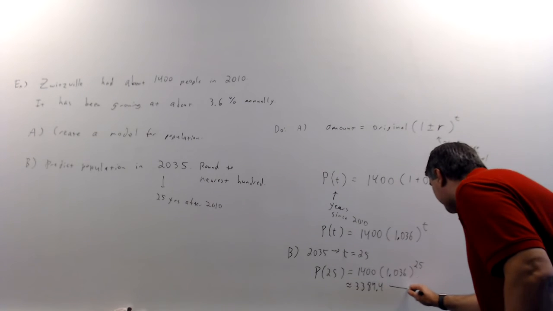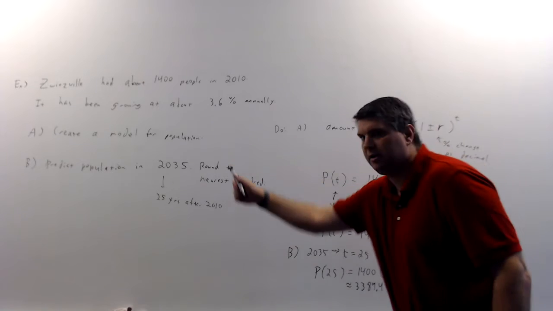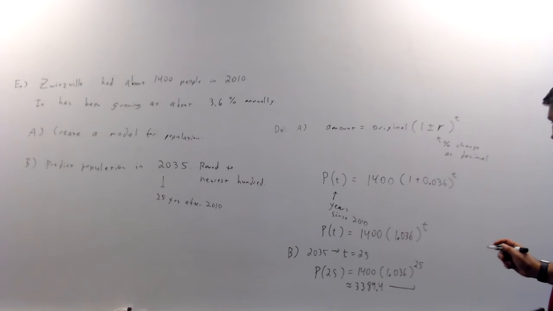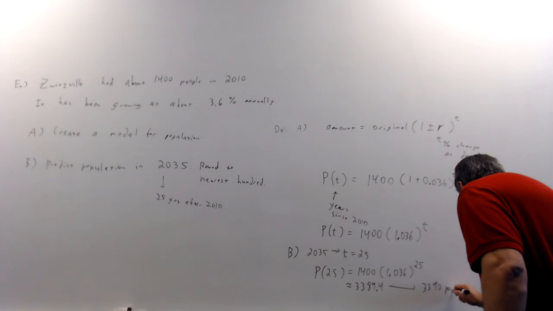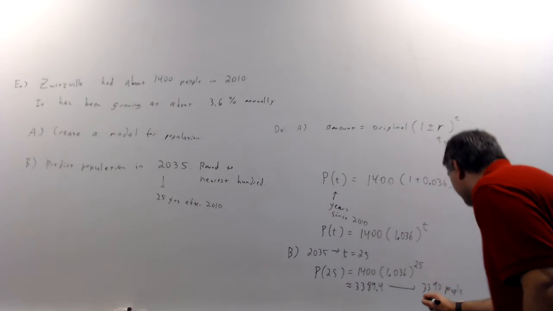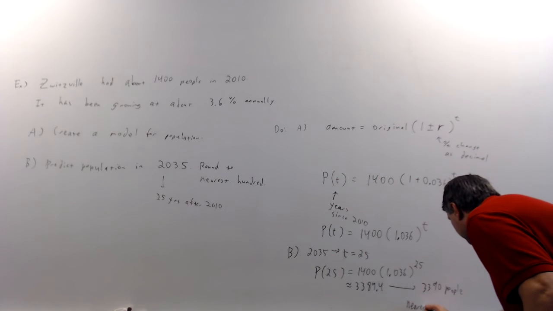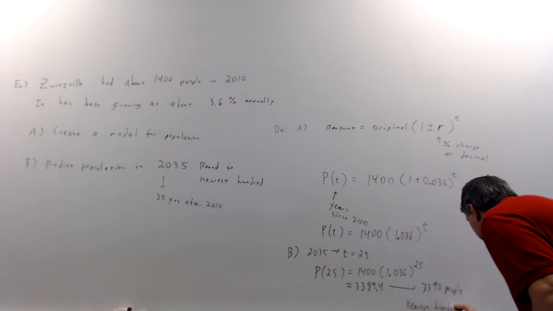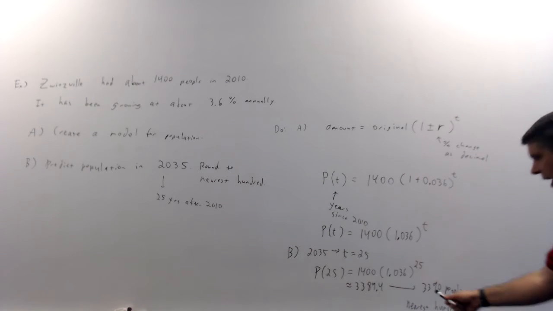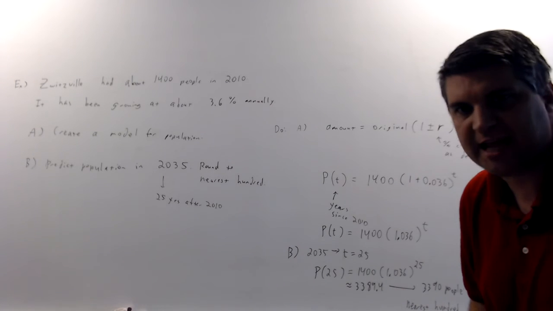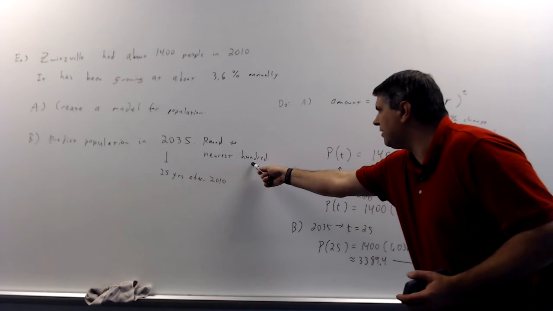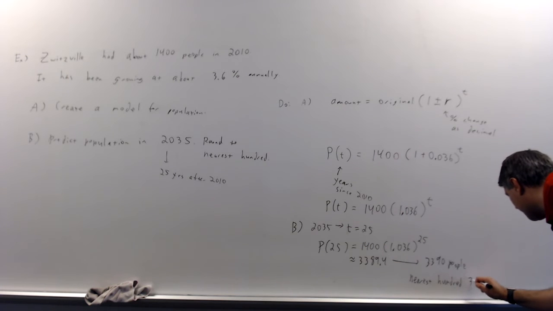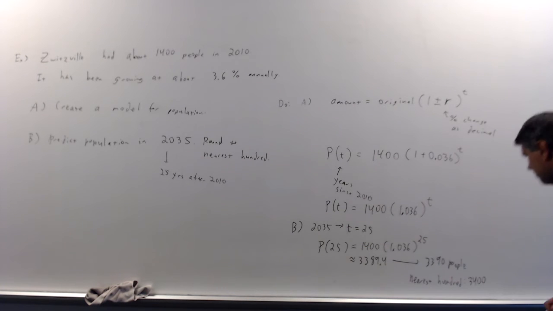But because it's population, we normally round this to the nearest whole person, 3,390 people. But the directions say to round to the nearest 100. So if we're rounding to the nearest 100, that is 3,400 people.